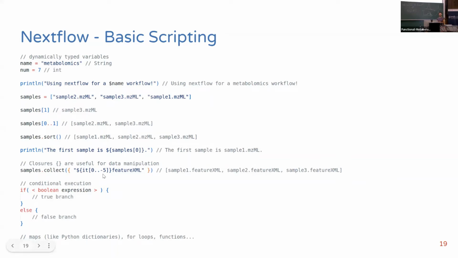If you would like to manipulate your data, let's say in that list of mzML files, you could use that to replace the name with featureXML file endings after your feature detection is done. And of course, it has all the other stuff of normal programming languages like conditional executions, maps, for loops, functions, everything.